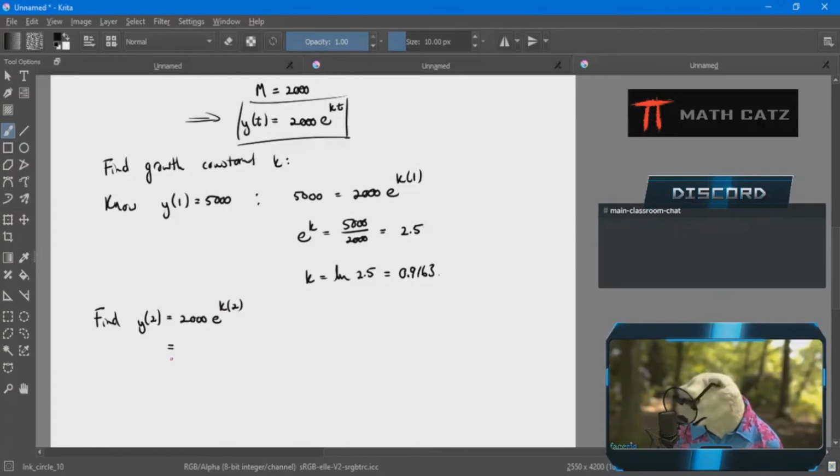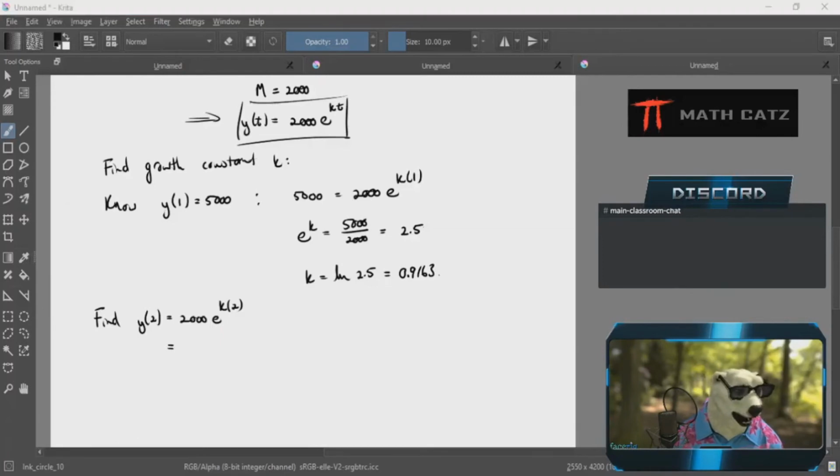But when I use k in a calculation, which I'm going to do now, I do use its accurate value. So I would say 2,000 times e to the power of 2 times log 2.5.